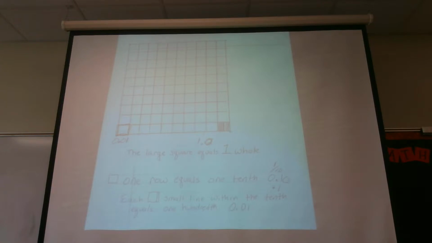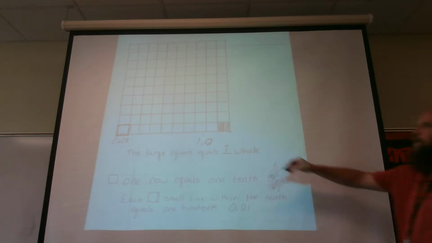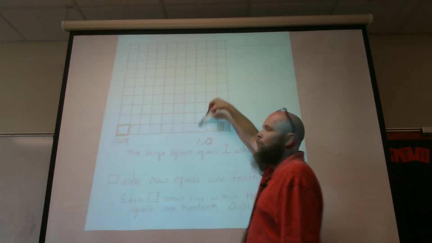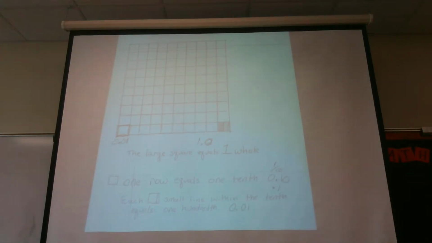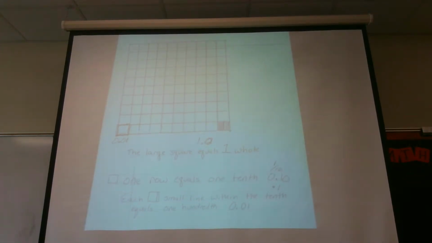Hannah? Which has the bigger value, 1/10 or 100th? 1/10 is bigger because 1/10 is an entire row.